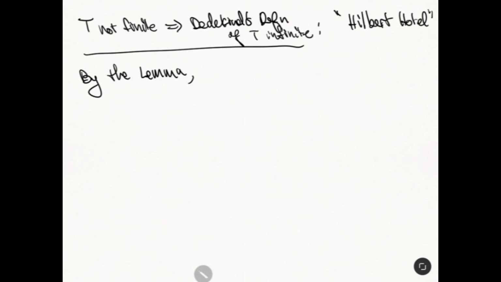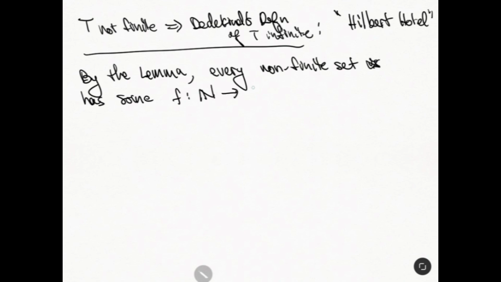So by the lemma, every non-finite set has some injection f from N to T. The image of this map is the countably infinite subset that's guaranteed by the non-finiteness of the set.